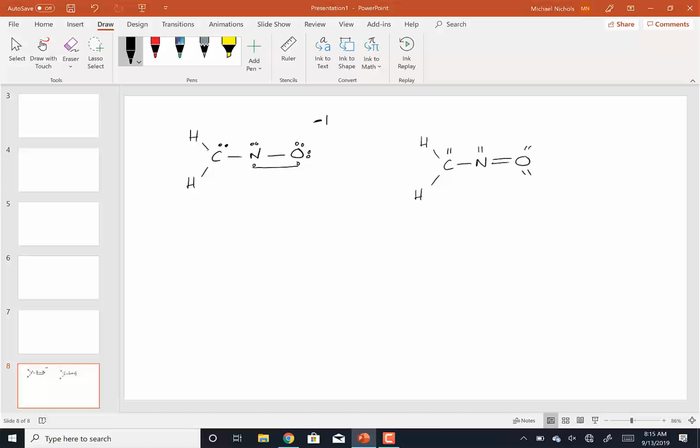How about formal charges? What would the formal charge on the carbon be? -1. It owns 1, 2, 3, 4, 5, and it came with 4, so it's a -1. How about nitrogen? 0. And oxygen? 0. So the -1 charge is on the carbon.